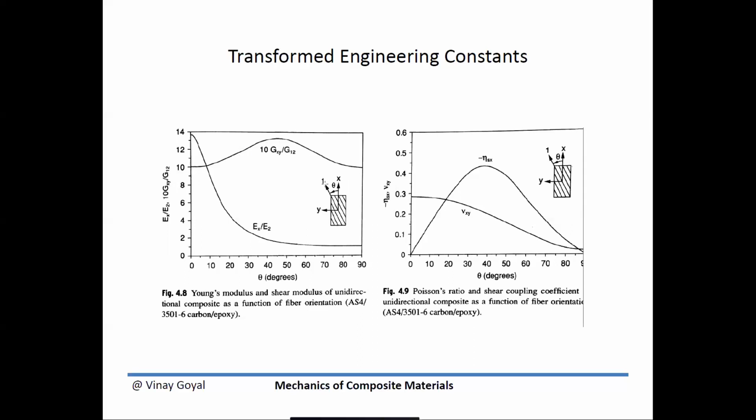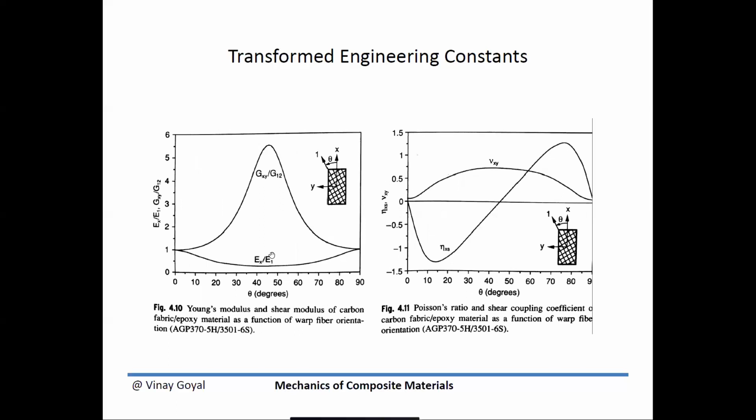So here, if the one orientation goes all the way to the y-axis, the 2 is aligned with the x, which makes sense why you get 1 when you have a theta of 90 degrees. You can also do a plot of EXX over E11 for plain weave, and you expect 1 and 1 at 0 and 90. That makes total sense. You also find that GXY equals G12 at theta equals 0 and 90. And then you can see the effects for the Poisson ratio.